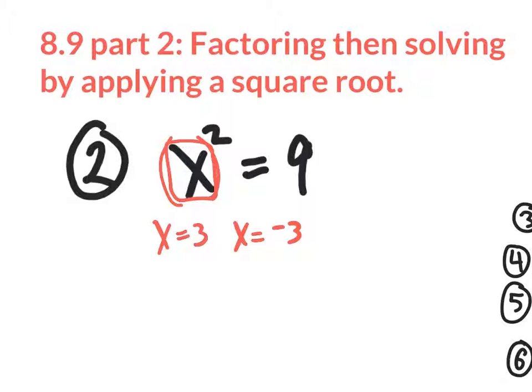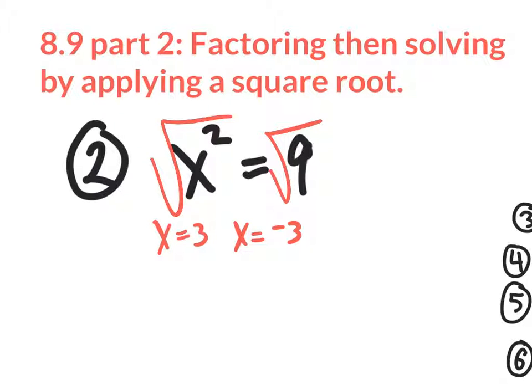But what really happens, ladies and gentlemen, is to get rid of something, you do the opposite, right? So when I do the opposite of a square, that's really going to be a square root. And when I do what I do to one side, I must do to the other, and I square root the 9. And we all know that the square root of 9 is what? 3, right?